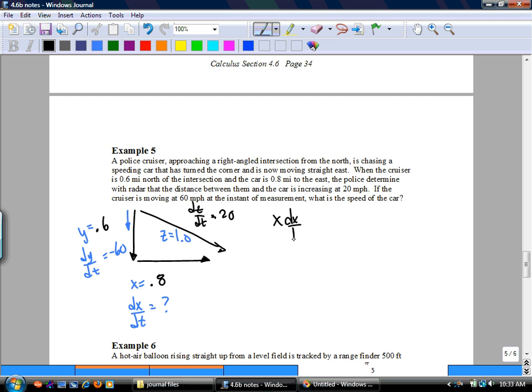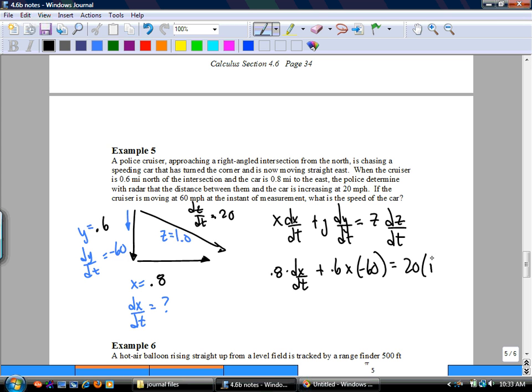x dx dt plus y dy dt equals z dz dt. So 0.8 times dx dt plus 0.6 times negative 60 equals 20 times 1. 6 times 6 is 36.